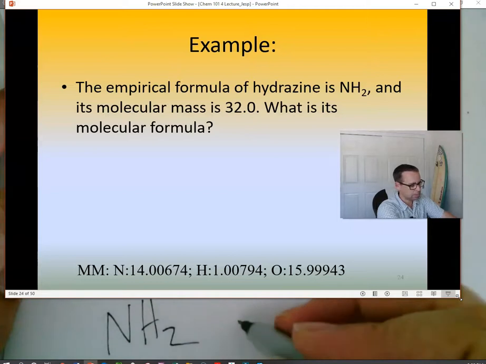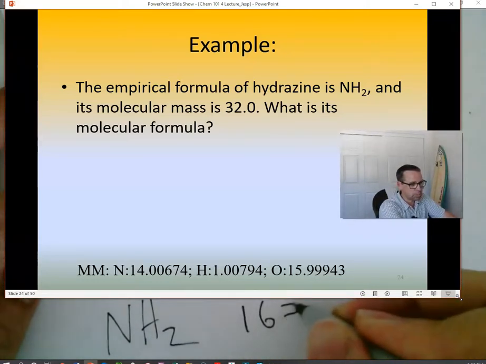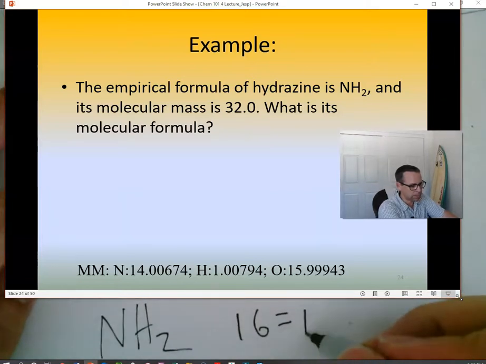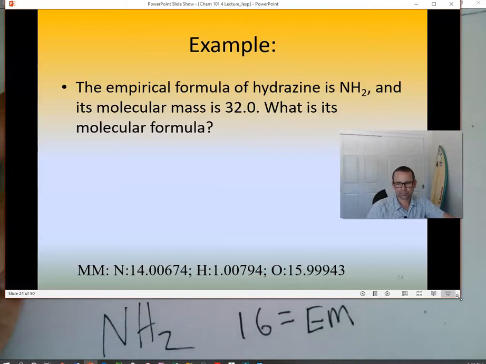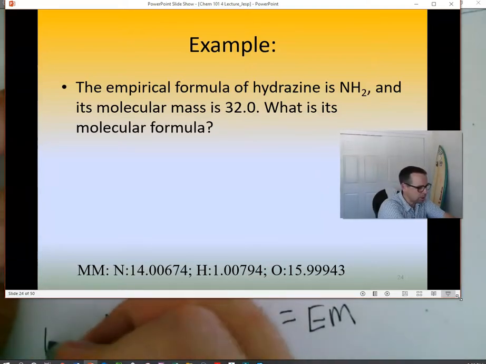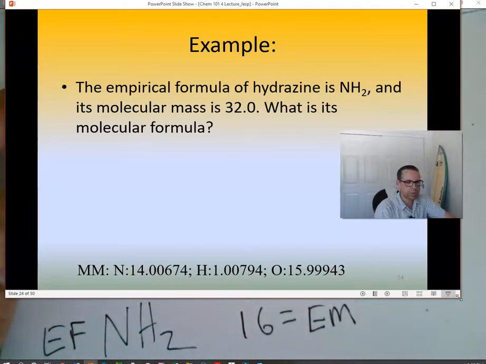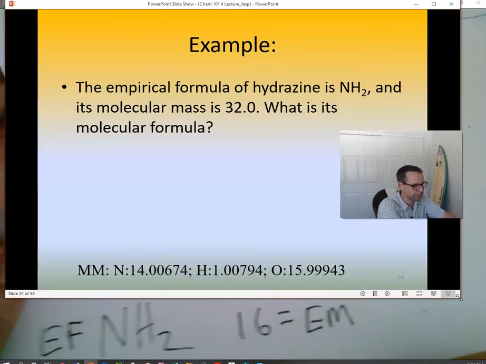So 14 plus 2, that's 16. And that 16 would be what we call the what? The empirical mass, is that right? Okay. And NH2 was our empirical formula. So we have our empirical formula of NH2, and we have our empirical mass of 16.